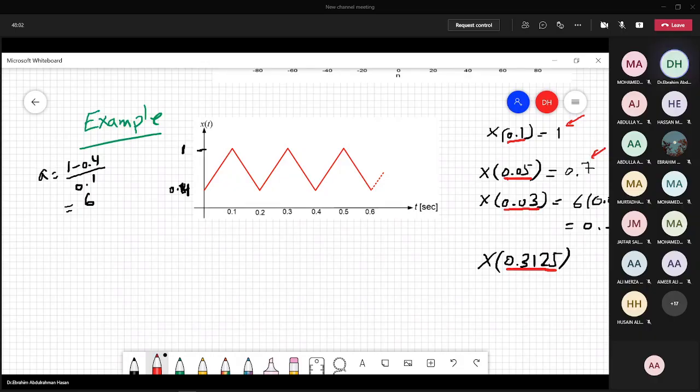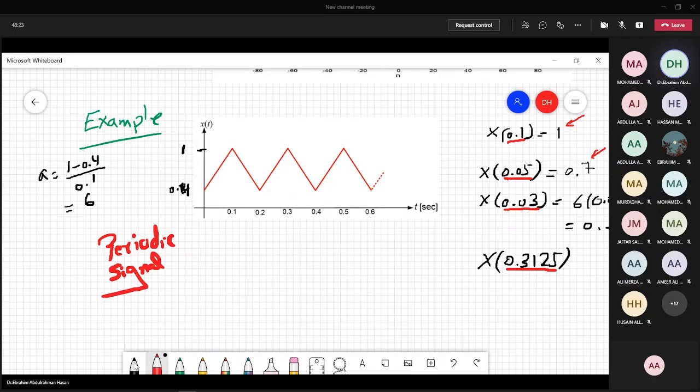Okay, this signal, we call it a periodic signal. Why is it periodic? Because it is repeating itself.